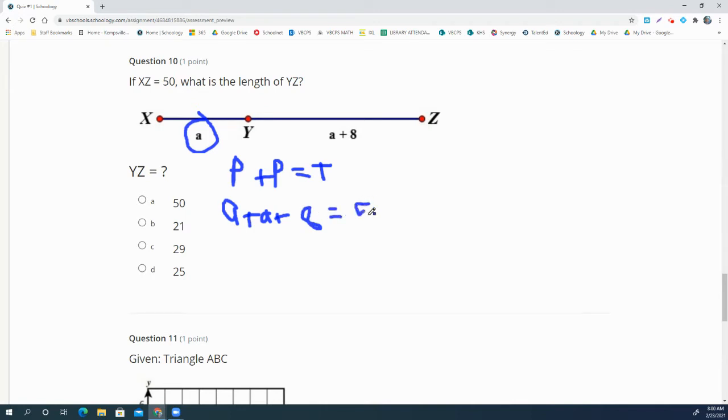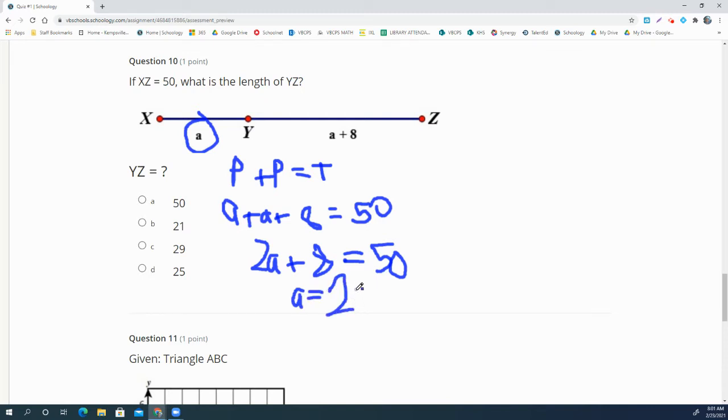I need to bring my mouse in here. So we'll get 2A plus 8. Fingers are getting tired. And then 50 minus 8 is 42, and A equals 21.